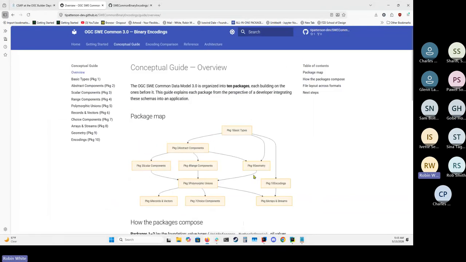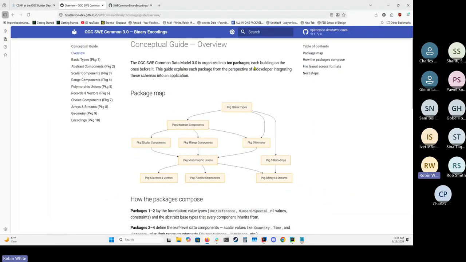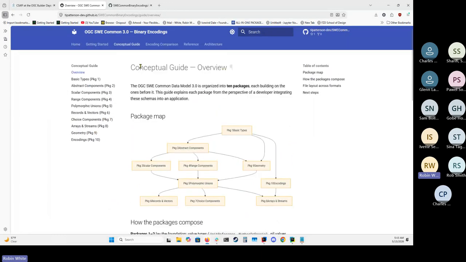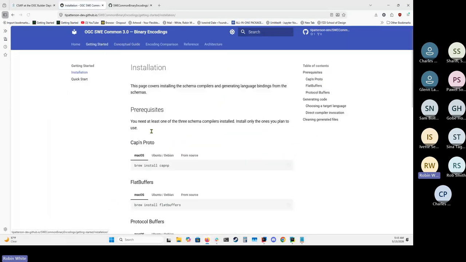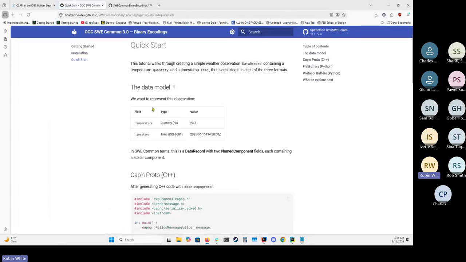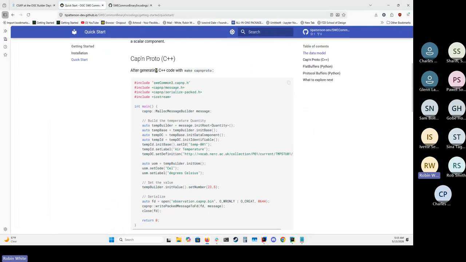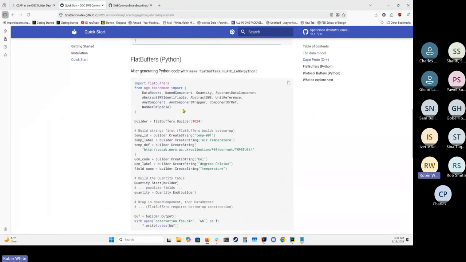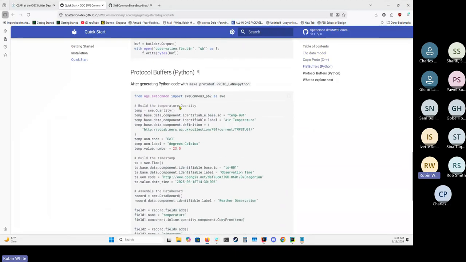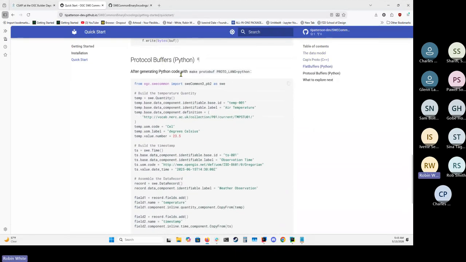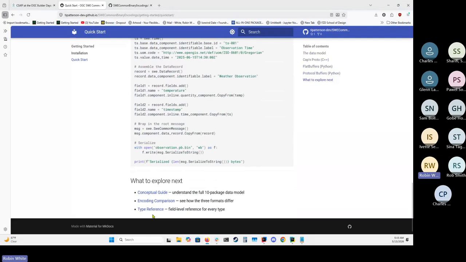Okay, thank you. So yeah, this is just the conceptual overview for the part 3 like documentation that I mentioned that maps onto part 5. But if anybody wants to go to this source at any point, it also has a quick installation and a quick start guide for some of the serialization options for Cap'n Proto, for FlatBuffers through Python, through Protocol Buffers through Python as well.